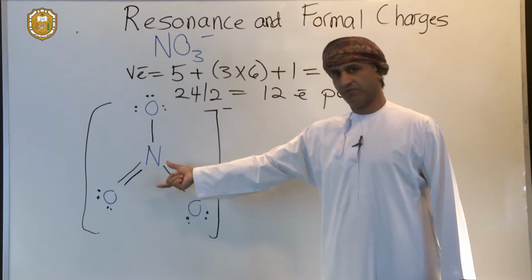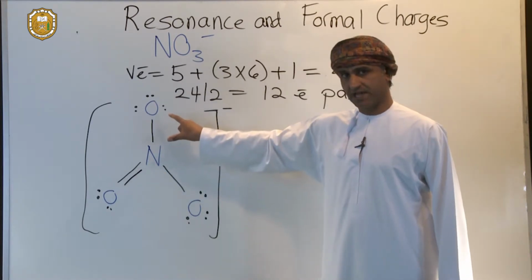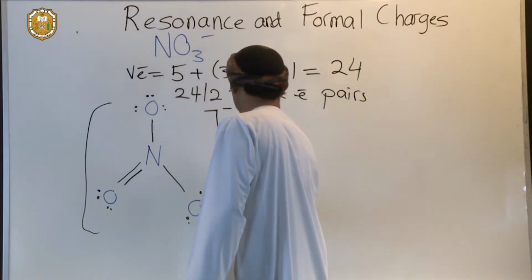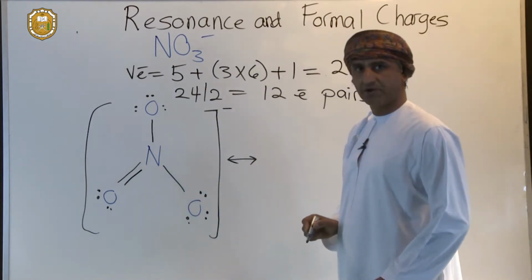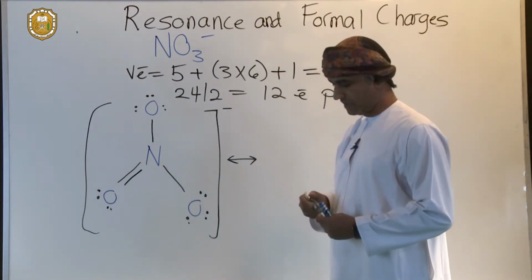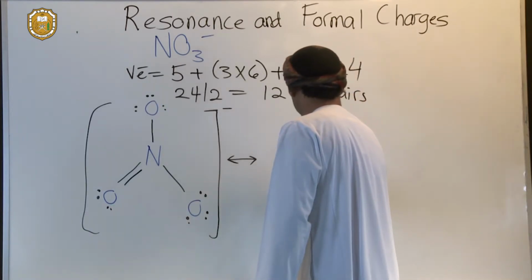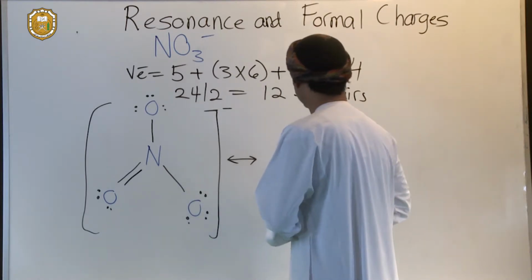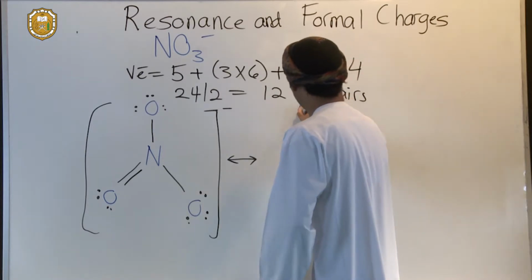In other words, we move that pi bond from here to there. Is that not possible? Of course it is possible. So this is what's called resonance, which is indicated by this double-headed arrow, just to indicate that there is resonance in this case. And then we draw the nitrogen atom as the central atom, but now there is a double bond between nitrogen and the oxygen at the top.